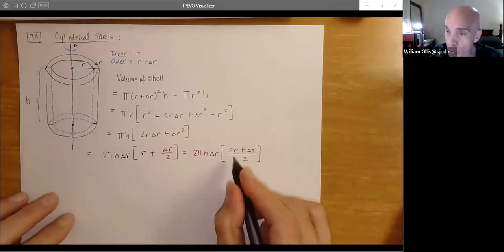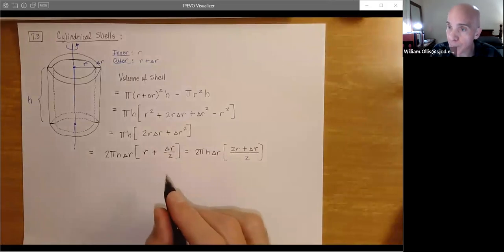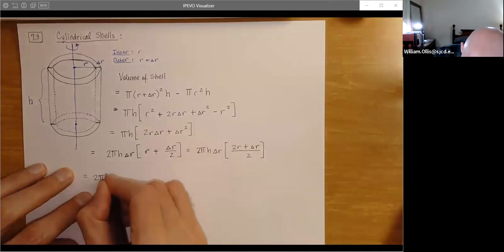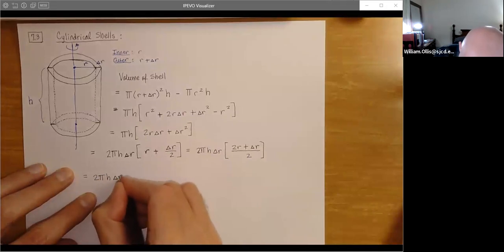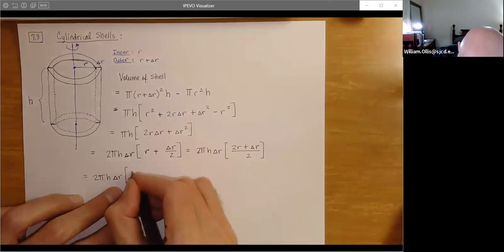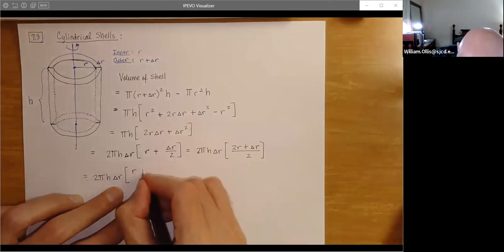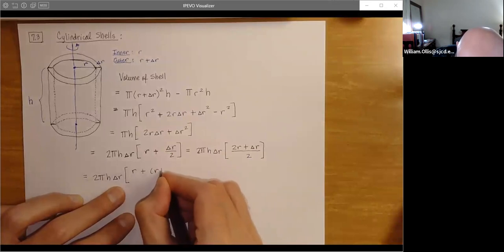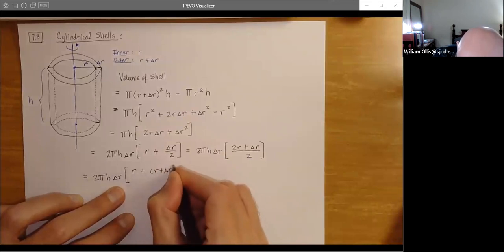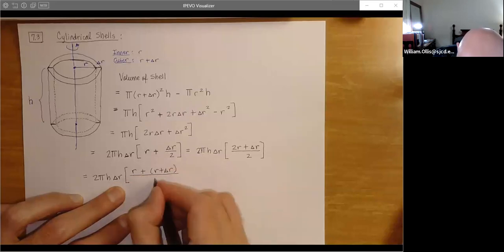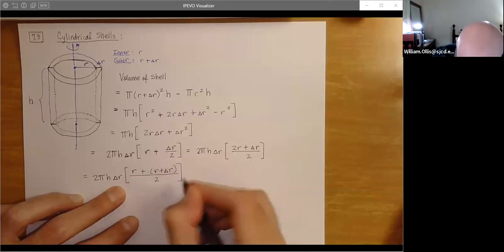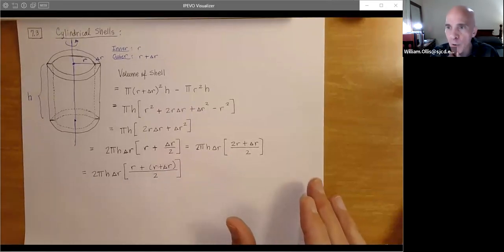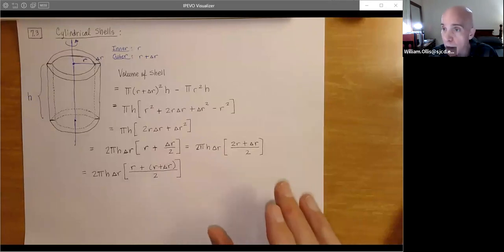And at this point, I just want to break up the 2R into 2 copies of R. Now what you see, and this is the same derivation that you'll see in your notes on Blackboard.